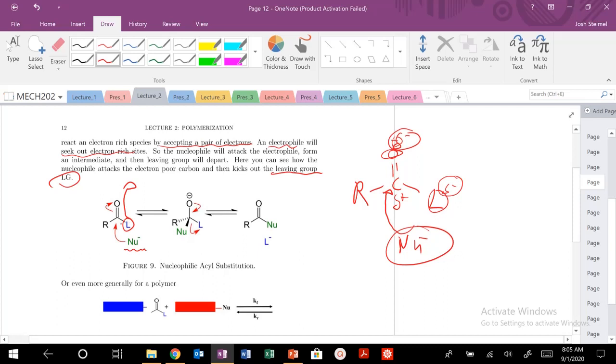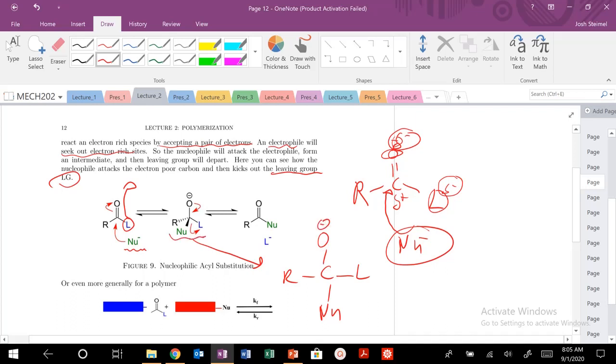You can see we go from this trigonal planar configuration to a fully saturated carbon, a tetrahedral sp3 bonding configuration. So you have your nucleophile, your leaving group, and now your oxygen has this negative charge.